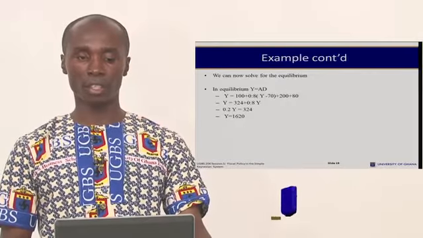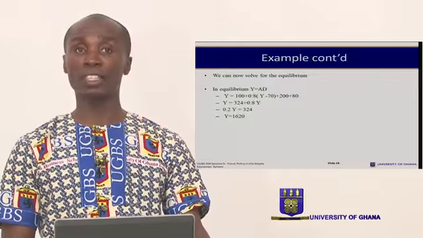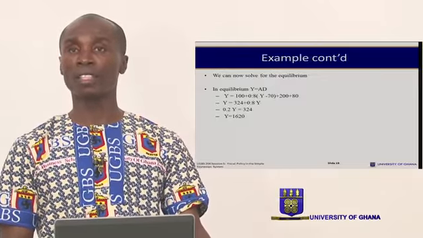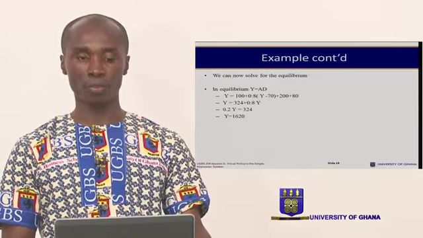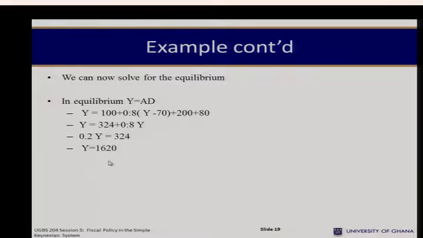Now, we can then solve for the equilibrium income. Remember, the equilibrium condition is that in equilibrium, income equals aggregate demand. So if you sum up the components of aggregate demand, we'll be able to show that equilibrium income in this system is 1620.